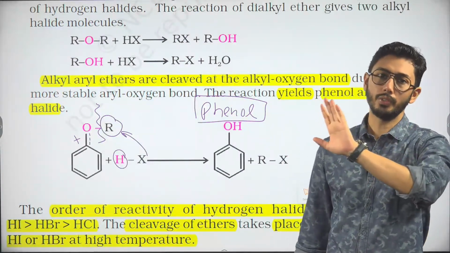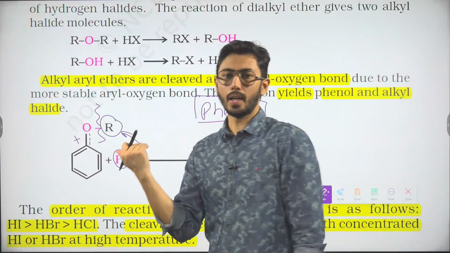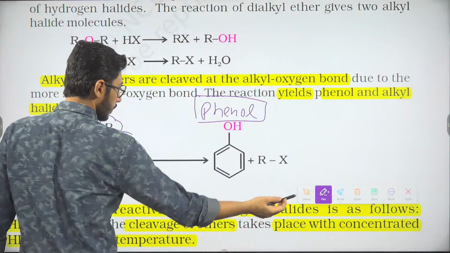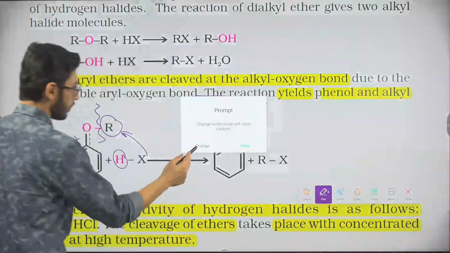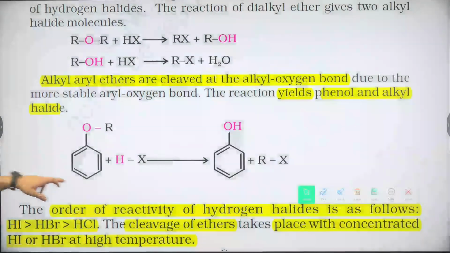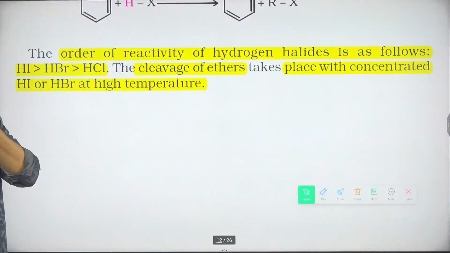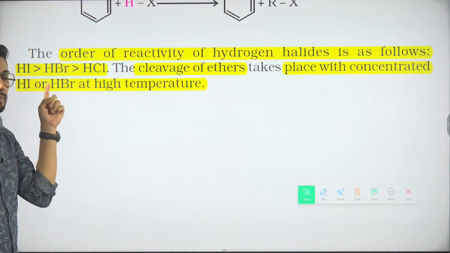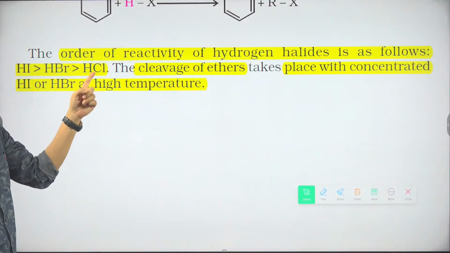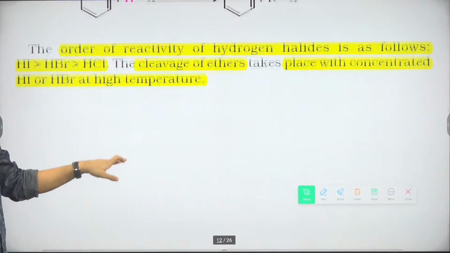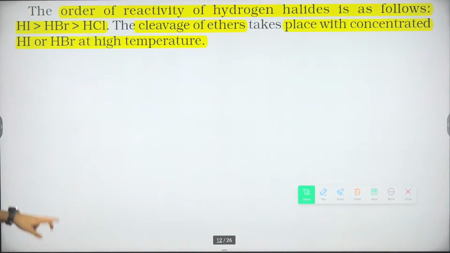So one product is phenol and the other will be an alkyl halide. Then among hydrogen halides in the reaction, which is fastest? HI. Why? Strongest acid. Then HBr, HCl. And conditions are drastic, meaning high temperature is also required.